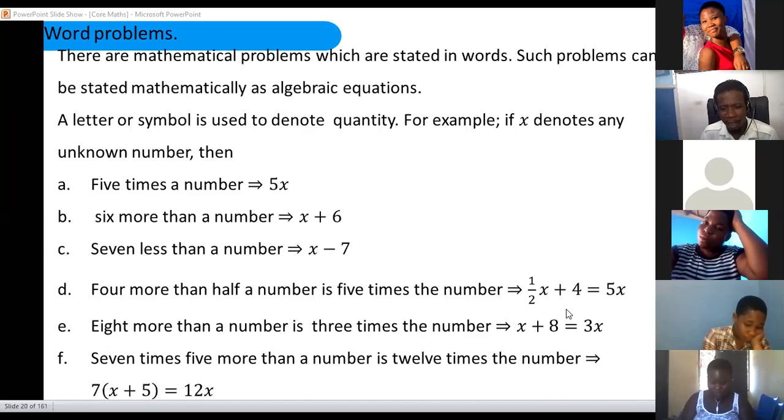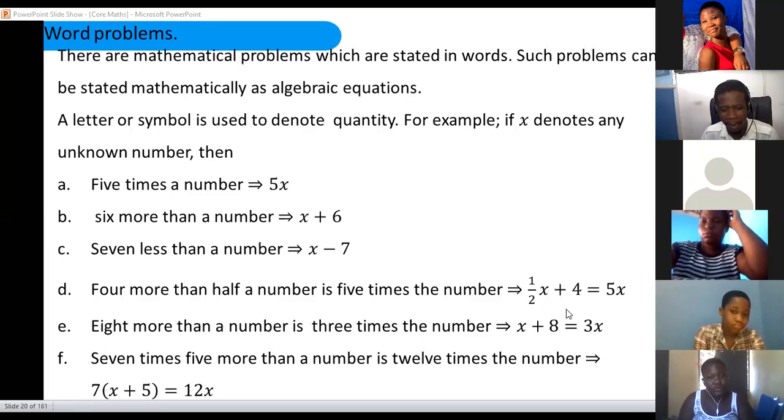Then 4 more than 1 over 2x is going to be 1 over 2x plus 4. So that is for the first statement. 4 more than half a number, 1 over 2x plus 4.